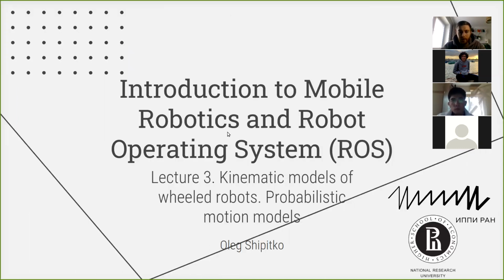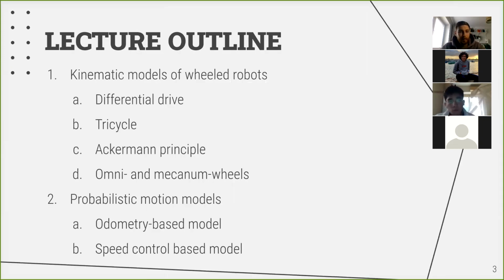Okay, so today's lecture is going to be dedicated to kinematics models of wheeled robots and probabilistic motion models. As usual, you can open slides on your devices if you wish. Today we are going to talk about kinematic models of different types of wheeled robots.